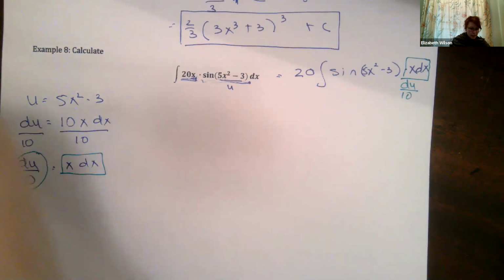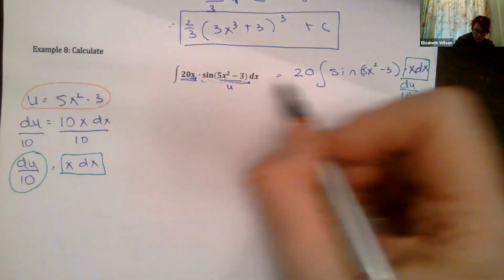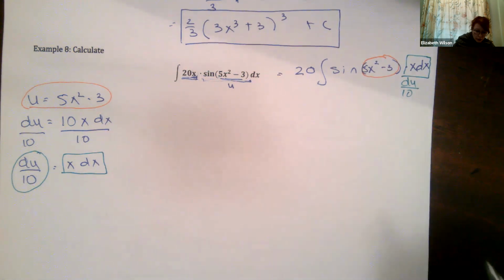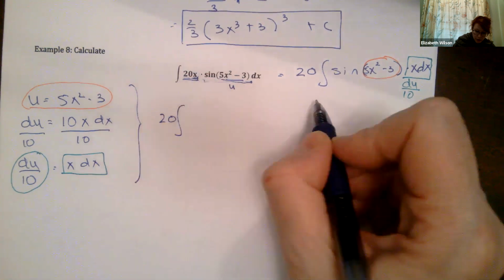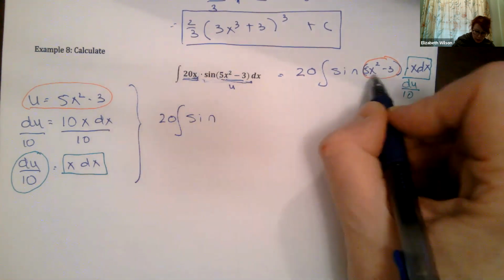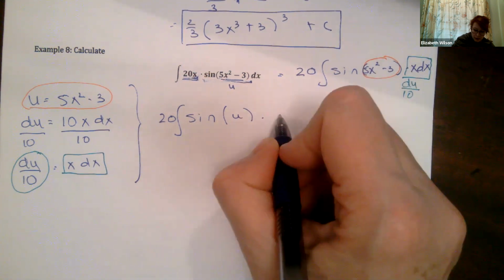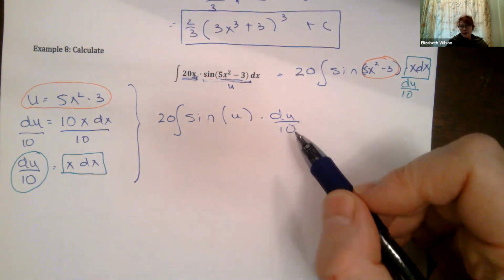Then I'm going to take my u and substitute it in here. And I have a 20 that's hanging out front. So let's rewrite this all now. I've got 20 times the integral of sine, and substituting in here, this is u, times du over 10. du over 10 is 1/10 times du.